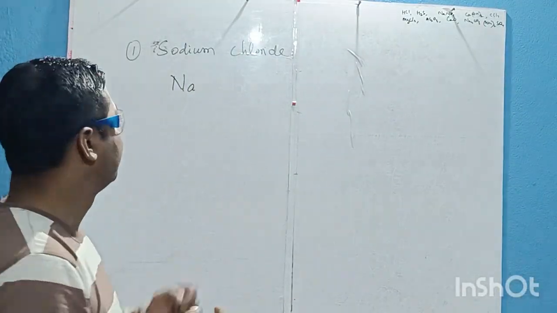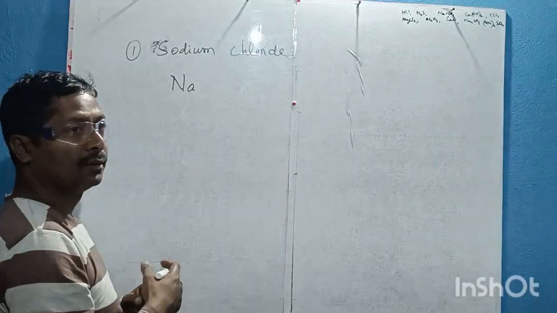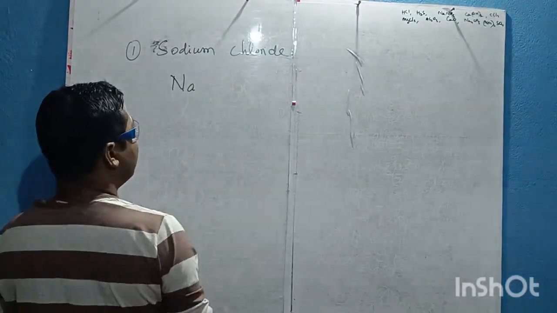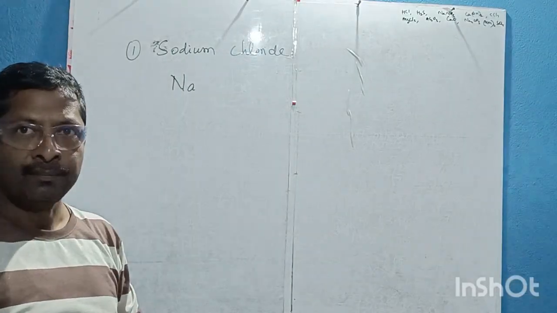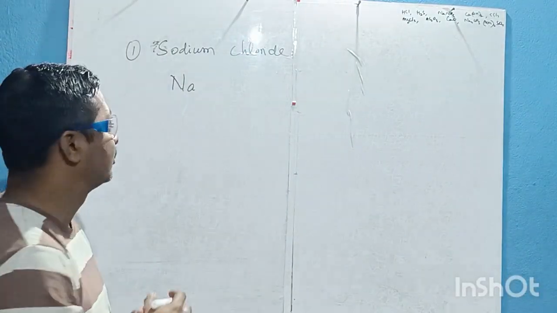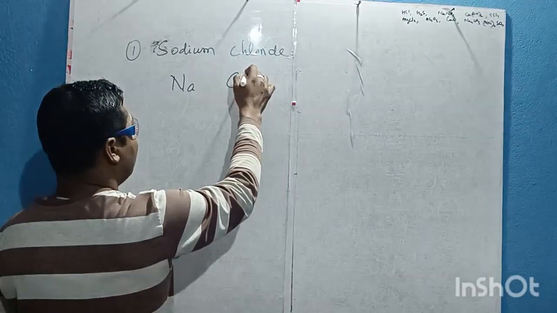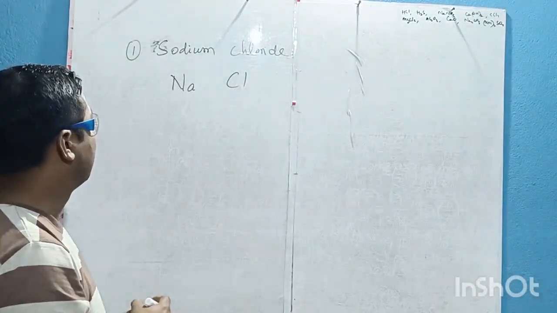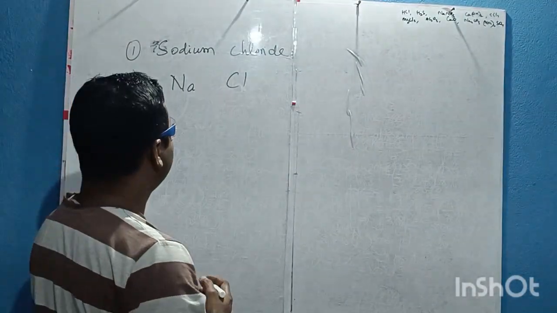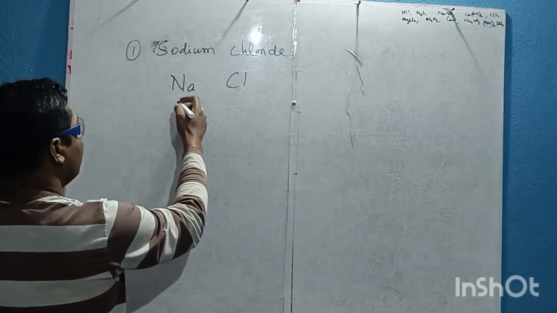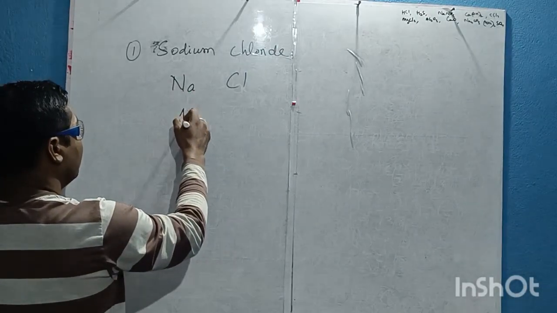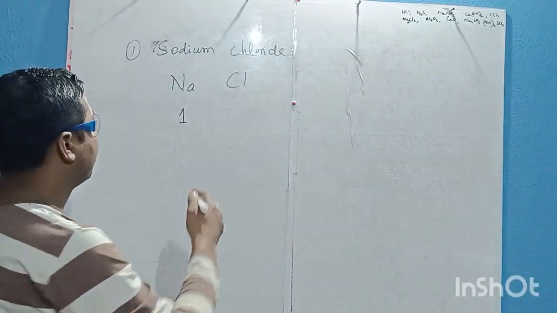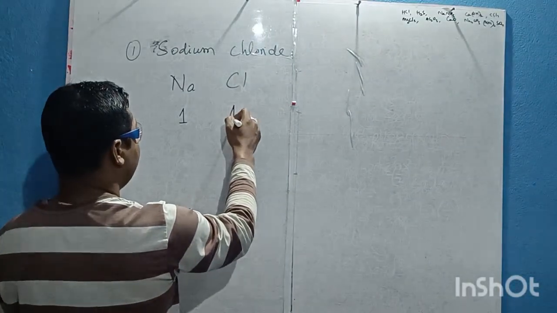For sodium I have written Na, and for chloride, it is the ion of chlorine, so I am writing Cl for the chloride ion. Now write down the valency below it. Valency of sodium is 1, you have to remember it. Valency of chlorine is also 1.